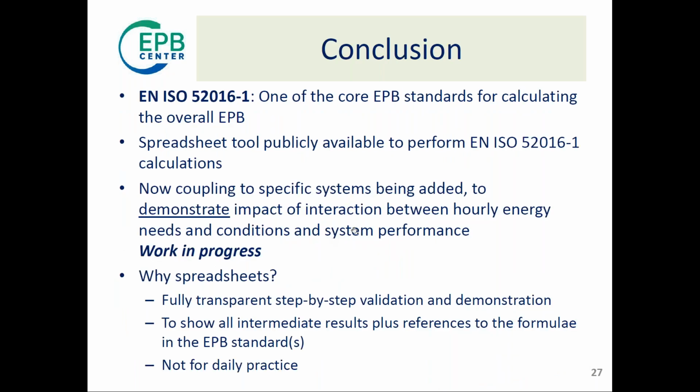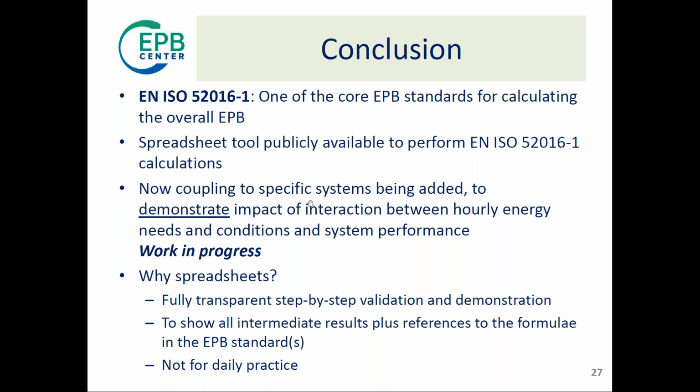So the conclusion is that one of the core standards for calculating the overall energy performance of buildings is EN ISO 52016 Part 1, calculating the energy needs and indoor temperatures. There's a spreadsheet tool which is publicly available to perform the calculations according to this standard at the website.